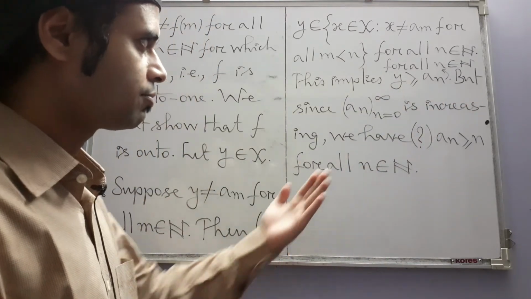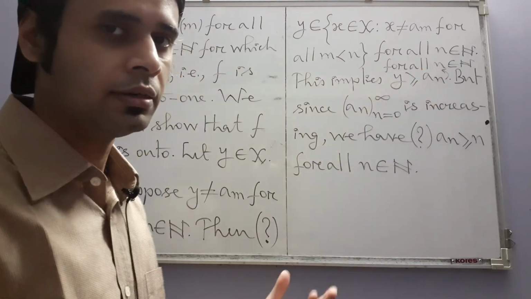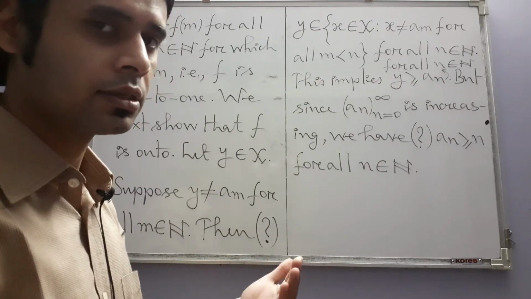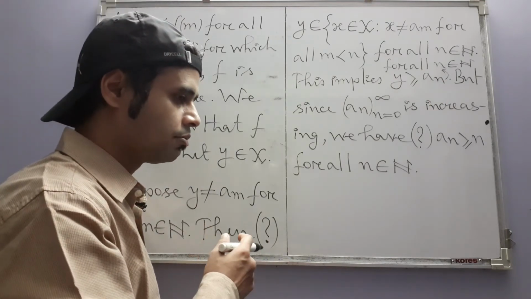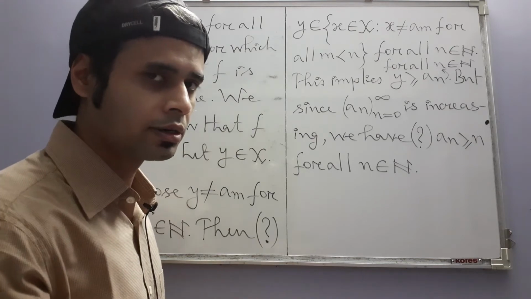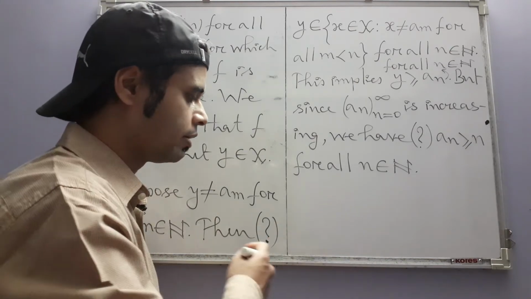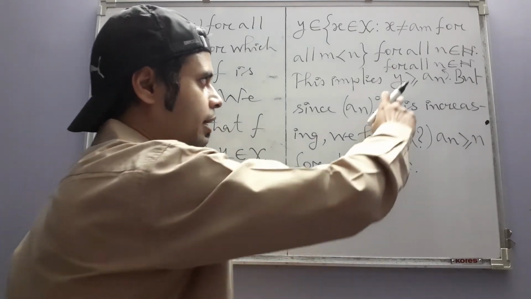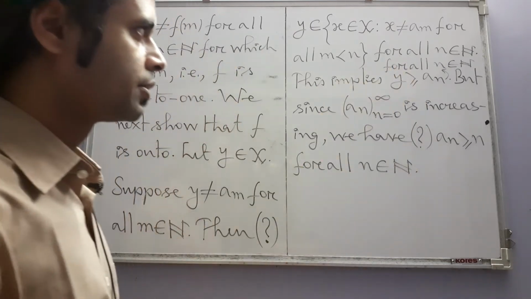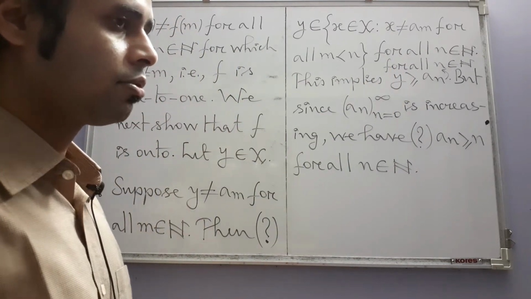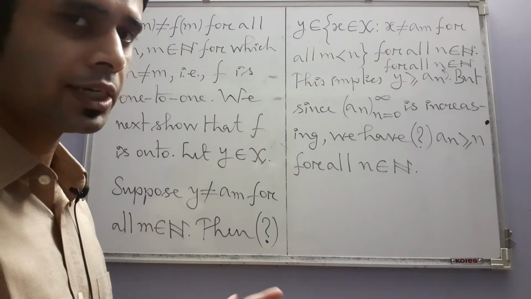The terms of the sequence an are what? They are natural numbers. So we don't really know what natural numbers they are, but after all they are natural numbers and they are increasing, and y is a natural number which is greater than or equal to all of them, and that cannot happen.